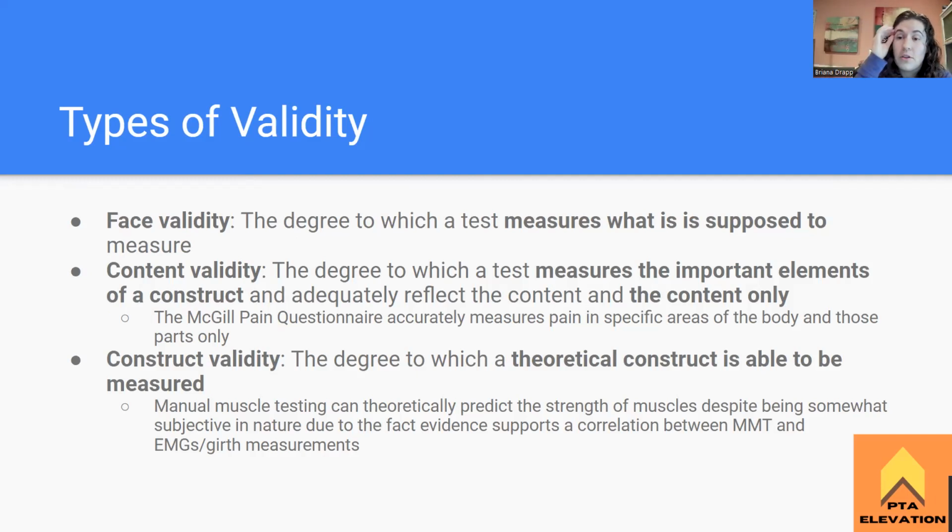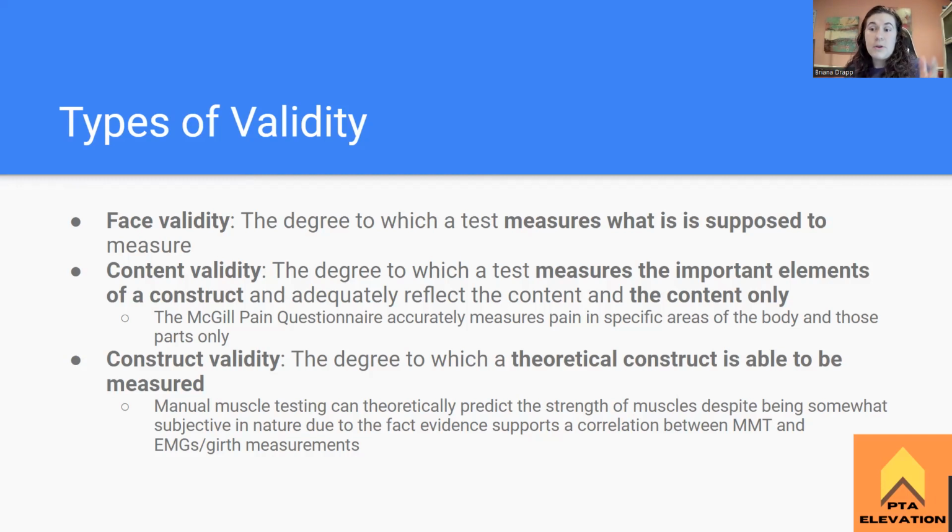So for example, the Score Builders book uses this thing called the McGill-Payne questionnaire, and that's literally where you circle where it hurts on a little body diagram. It's like a little figure. You circle it, and then you can put a zigzag if it's achy. You can put a triangle if it's sore or something. And that's what the McGill-Payne questionnaire does. It literally is just a picture, and it's very specific to the area and describes the pain very specifically.